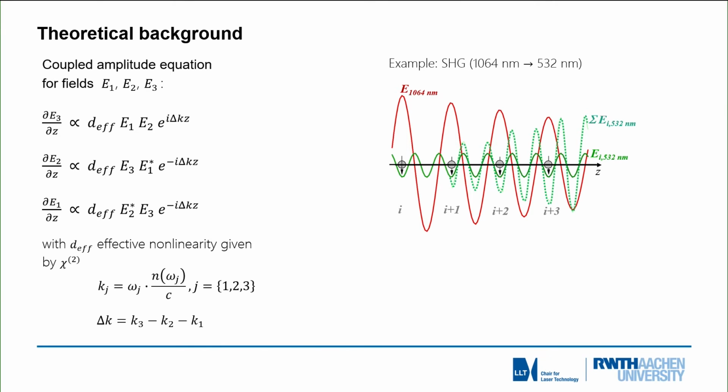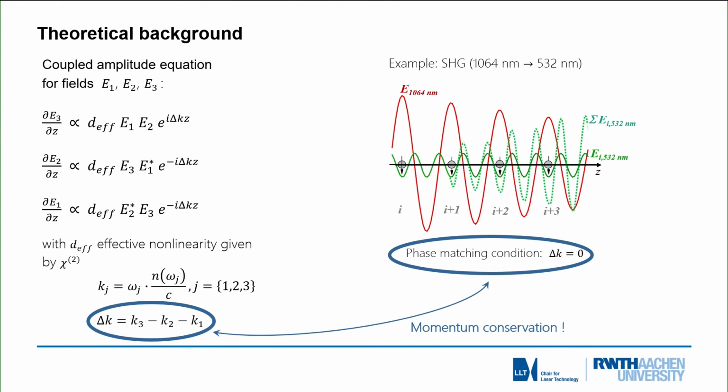As a consequence, in this ideal situation, the difference in wave vectors should be 0. If we have a phase matching condition where the differences in wave numbers are 0, then we have no change of the relative phase of the stimulating and frequency doubled signals, but in reality this is not always the case.